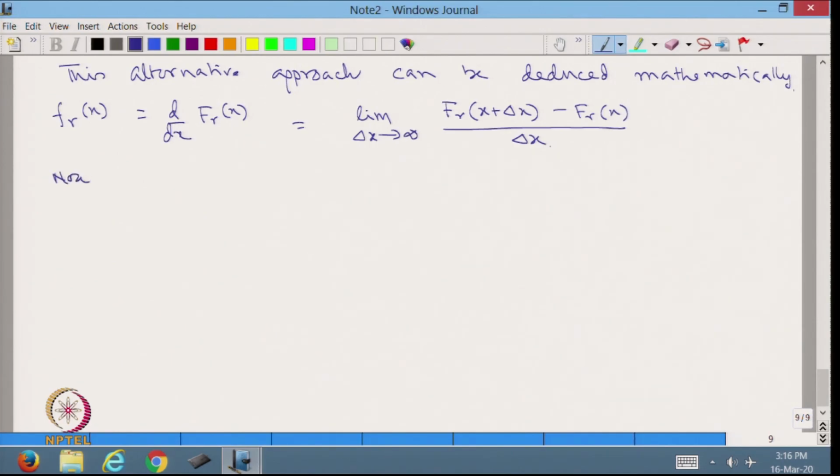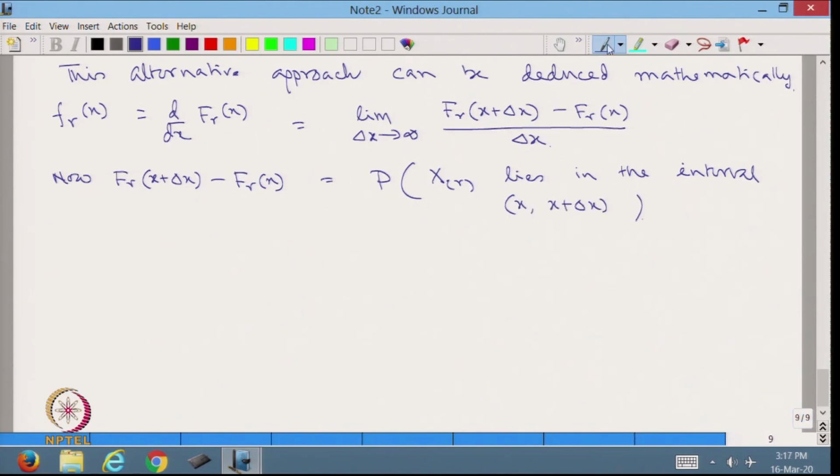Now, F_r(x + delta x) minus F_r(x) is equal to the probability that X_(r) lies in the interval x to x plus delta x, which is equal to n C (r minus 1) F(x) to the power r minus 1.